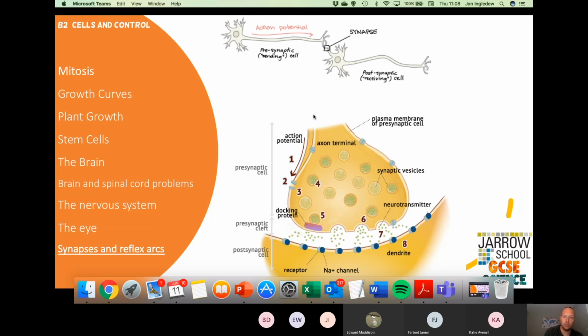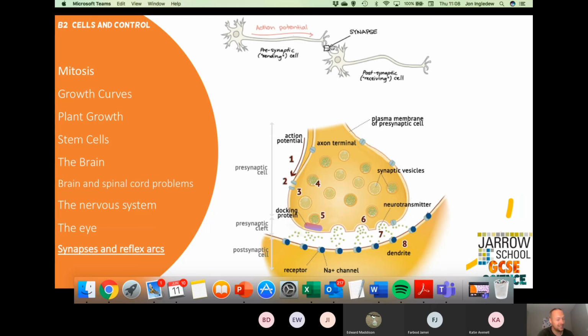So we'll do that again because I messed up the first time. Axon first, the nerve impulse comes, it releases some neurotransmitter which goes across the synapse, which is sensed by the dendrite, which passes on a new nerve impulse. Synapses are really important because they mean that nerve impulses can't go the other way.